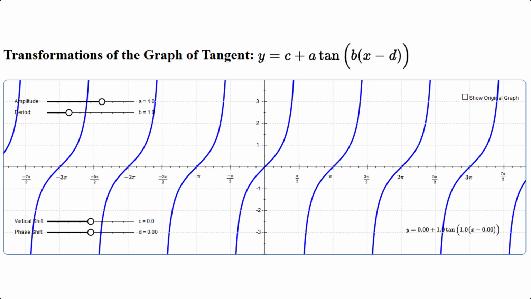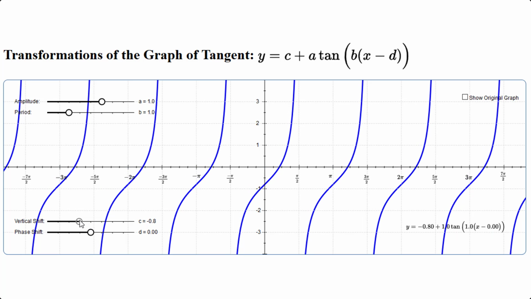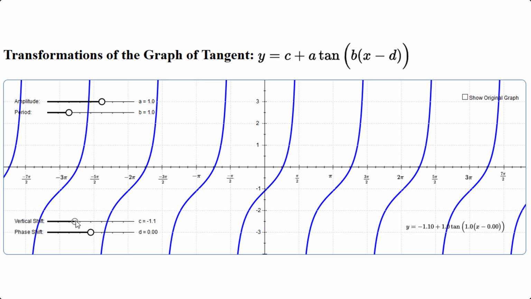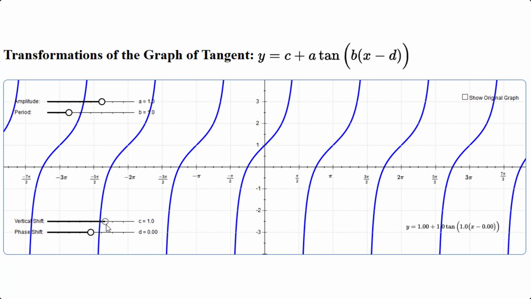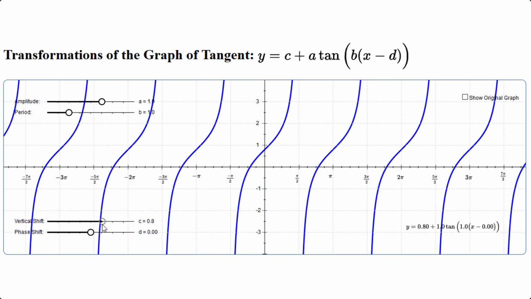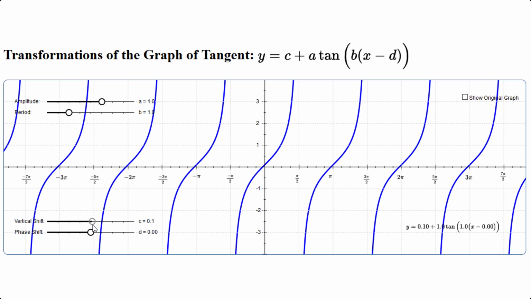So beginning with the vertical shift. If I have a change in vertical shift, then all it's going to do is move the graph up or down. It's a little difficult to see because it's just moving these points that would have been crossing the x-axis up or down effectively.